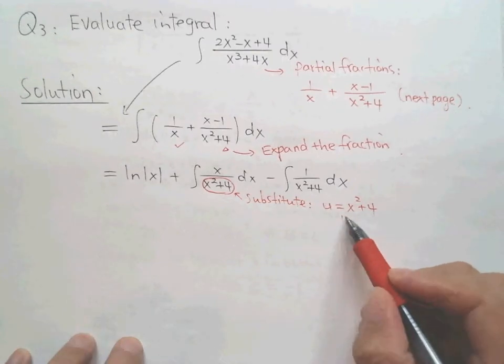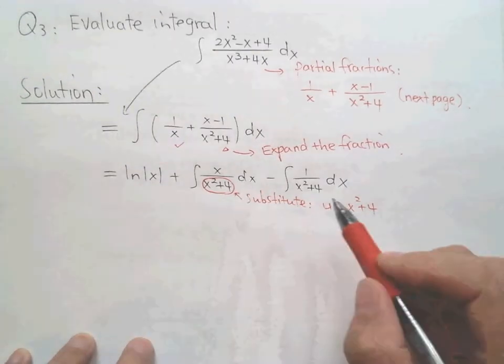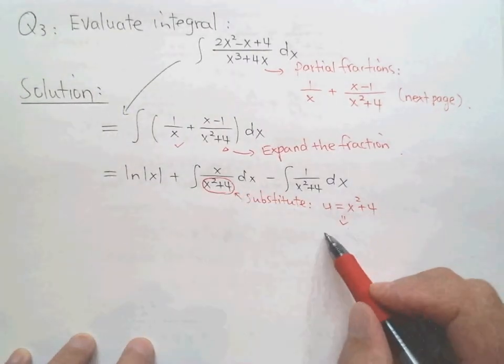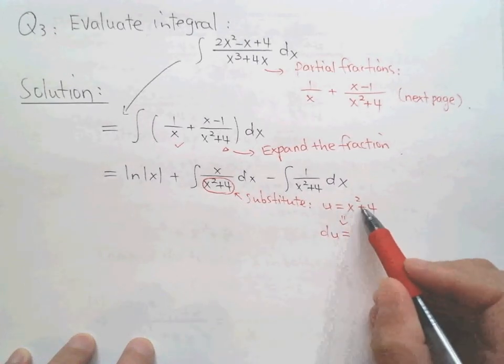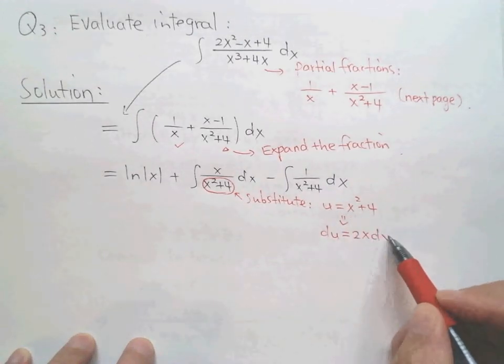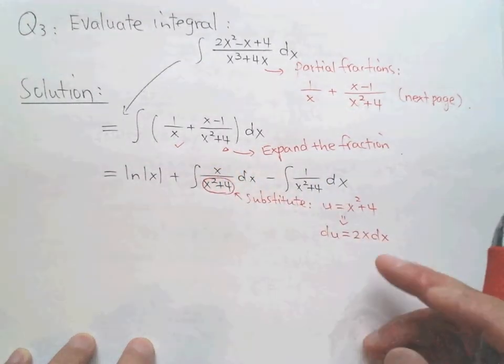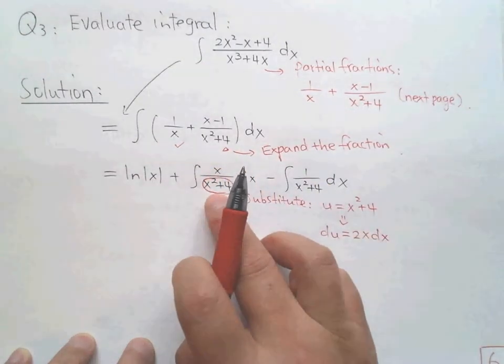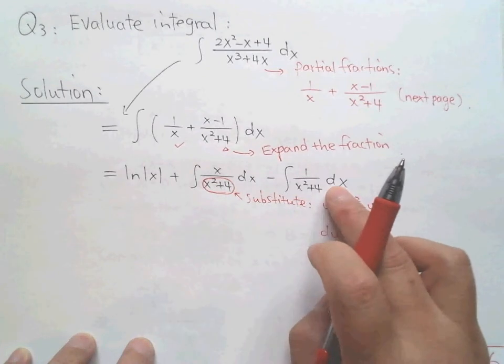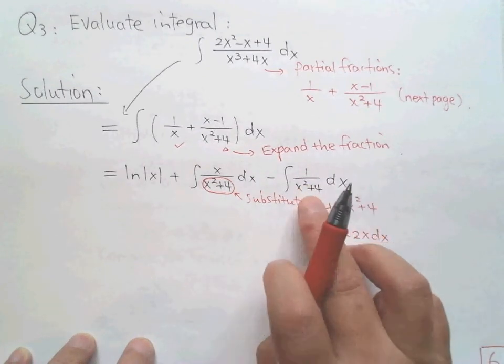If we do this, it's easy to get. And then what is x dx? We definitely find it, because du is 2x times dx. See, x times dx, x times dx. So everything is substituted to u. So this is good.